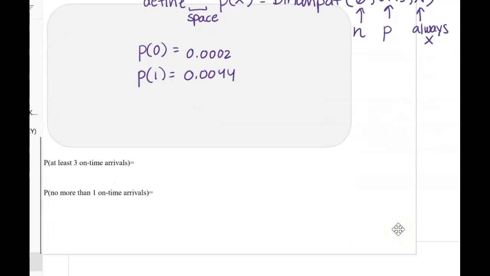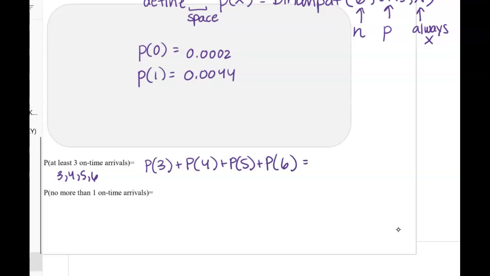So let's look at the probability of at least 3 on-time arrivals. So at least 3 is going to be 3, 4, 5, or 6, because you can't have more than that. Okay, you can't have more than 6 because there's only 6 flights we're looking at. So we can just use our calculator and do P of 3 plus P of 4 plus P of 5 plus P of 6, not even individually.